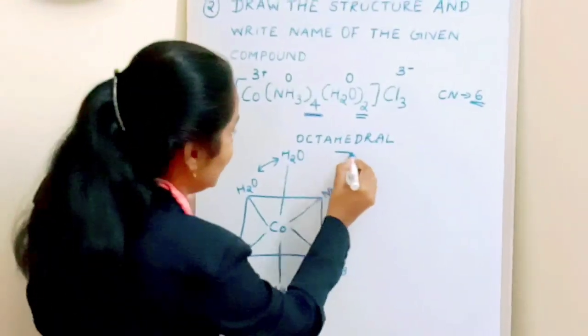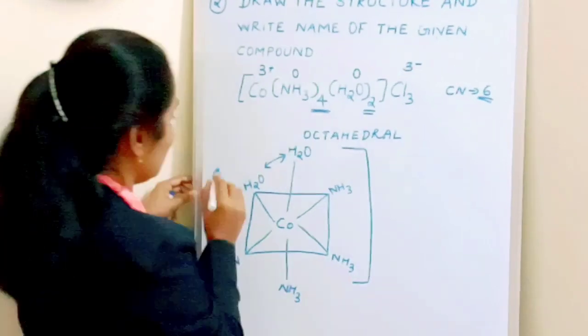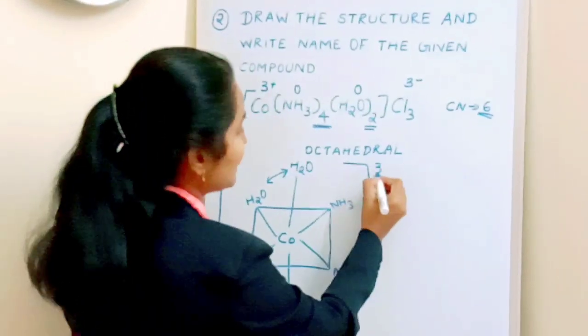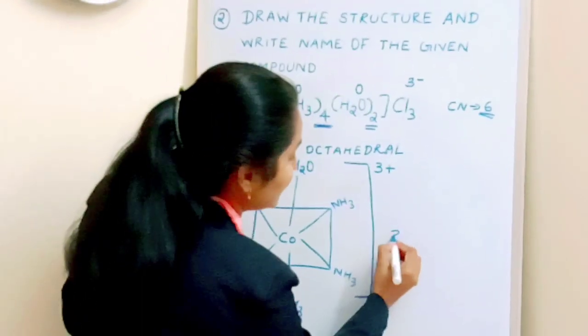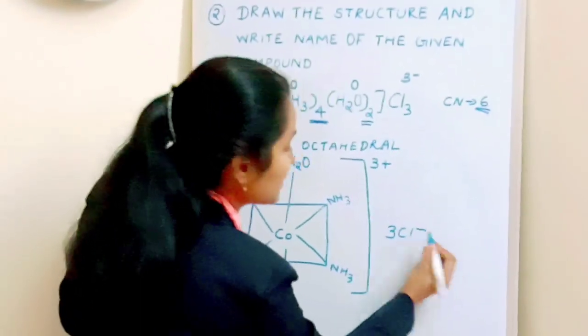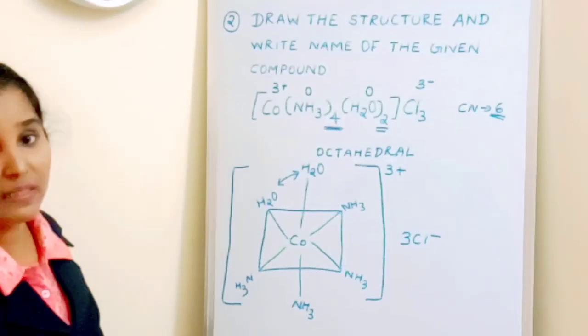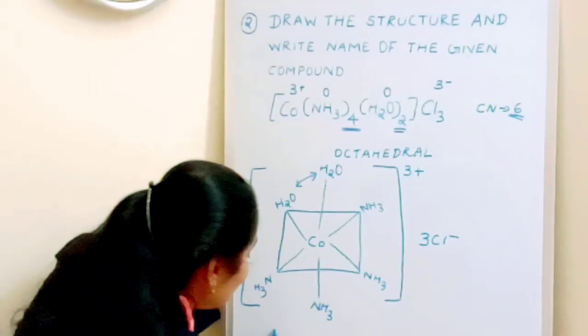We have to show it here in the cis and trans forms also. So here we have 3 plus charge and we have 3 Cl minus ions here. Okay. So this is the cis form of the given coordination compound.